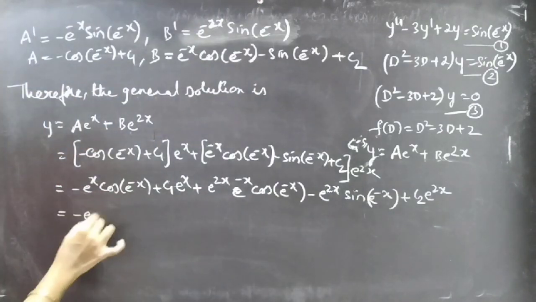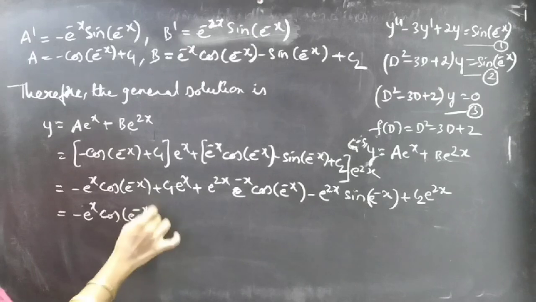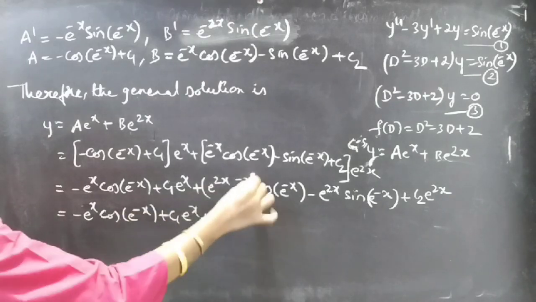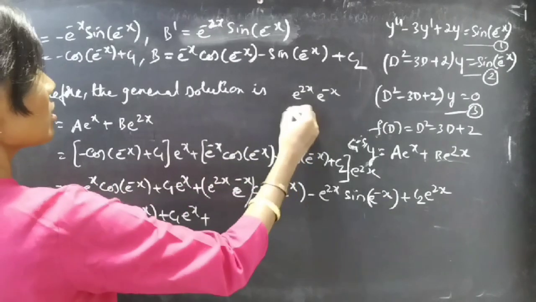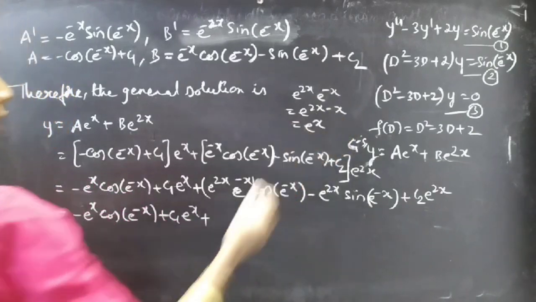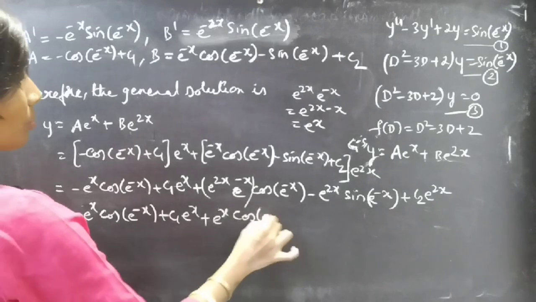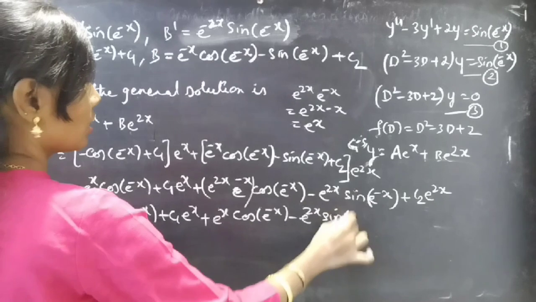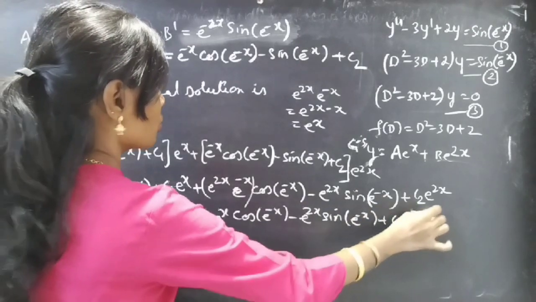This gives us minus e power x cos of e power minus x plus c1 e power x plus e power 2x into e power minus x gives e power 2x minus x, which is e power x, right? We can replace it with e power x into cos of e power minus x minus e power 2x into sine of e power minus x plus c2 e power 2x.